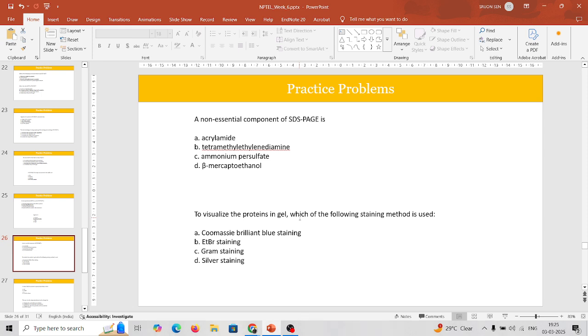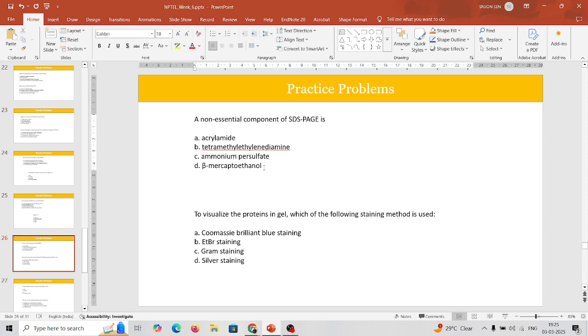No, that's not correct. You require a polyacrylamide or a bisacrylamide for the formation of the mesh-like structure or the gel-like formation. How can you skip an acrylamide? Though acrylamide and bisacrylamide are in a specific ratio, acrylamide is an essential component. You even require TEMED and APS. What you don't always require is the beta mercaptoethanol. Why is it so?